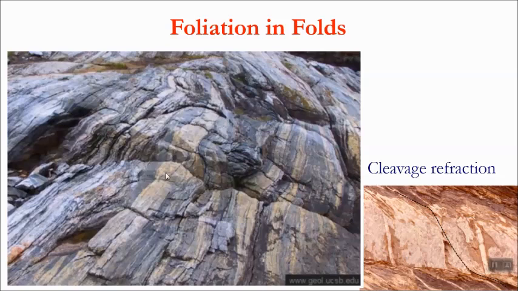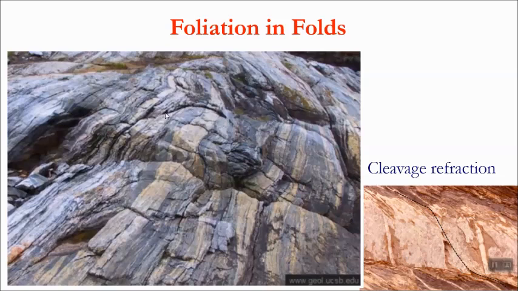Here we have what is called a banded hematite formation. Here we have iron bands which are highly compactly folded, and in this we will see alternate bands of competent as well as incompetent rocks, and there will be refraction of cleavage in these competent and incompetent rock bands. This cleavage refraction is shown in this right hand side figure.